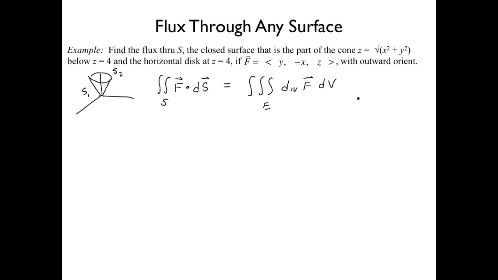But the triple integral is now easier. All right, so we can do the triple integral. What's the divergence of F? 0 plus 0 plus z is 1. And what's dV going to be?